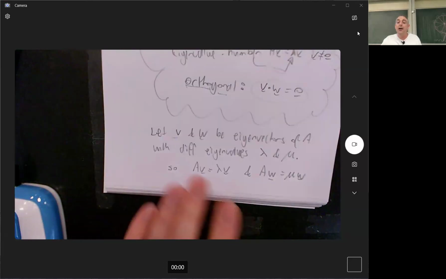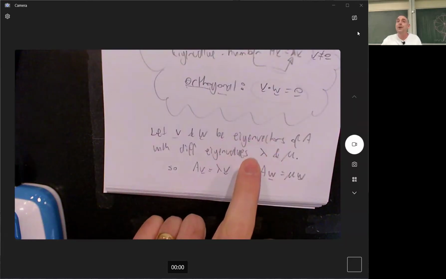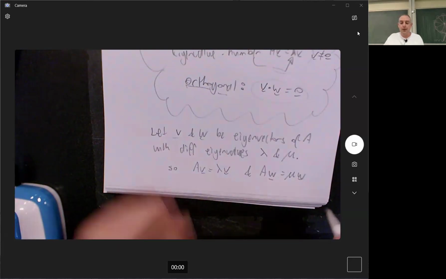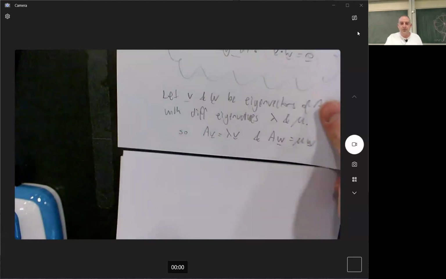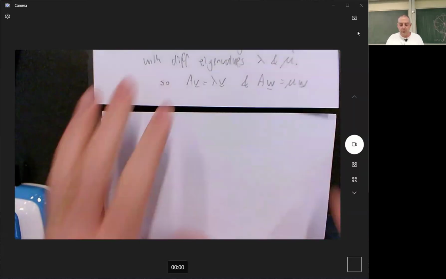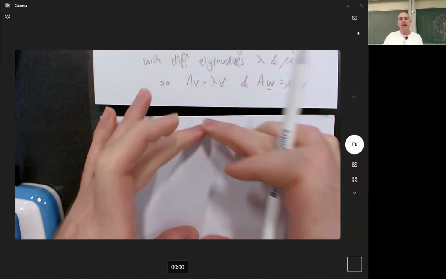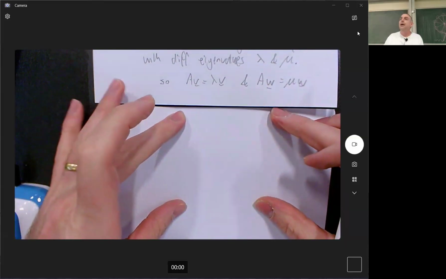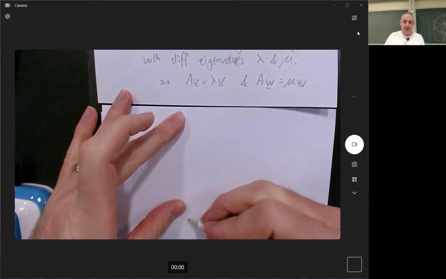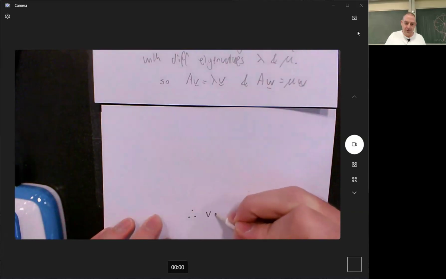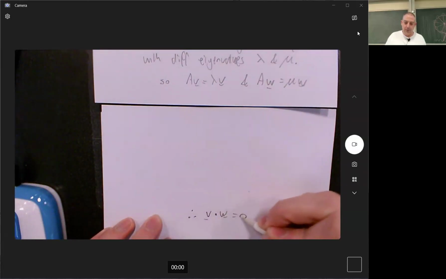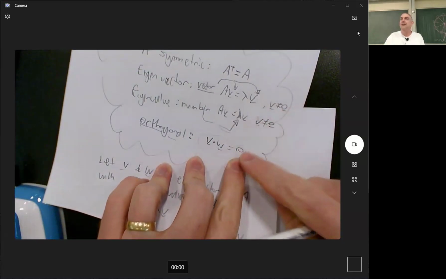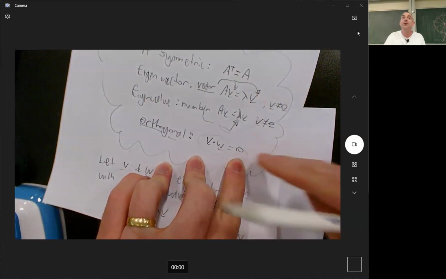So the first thing I will write after I declare something's eigenvectors, I'm going to write this down in the hope that it is helpful, because that's what they mean. And then my goal, somewhere at the bottom of my page, so I'm going to guess that my proof's going to take about this much space. And if it doesn't, oh well, I'll just have to make more space. But I'm going to say, therefore, V dot W is 0. Oh, sorry, that's not an underlined 0. It's just a plain 0 because it's a number, not a vector.